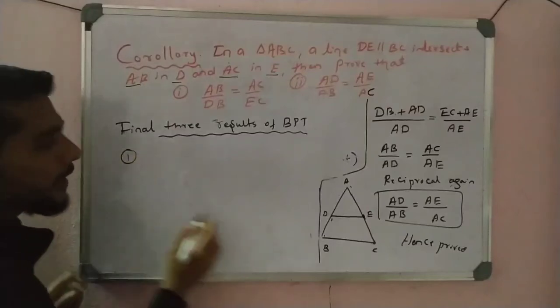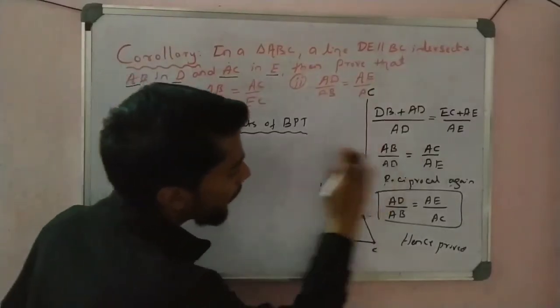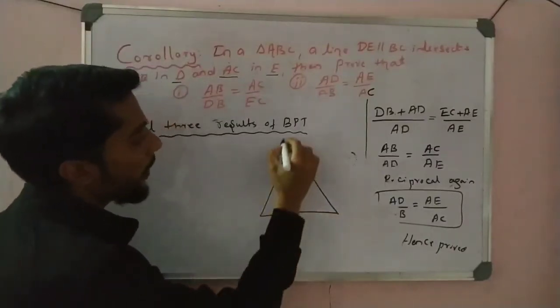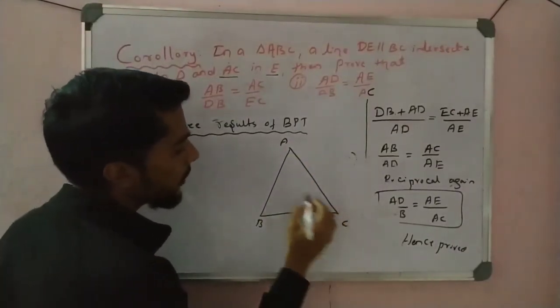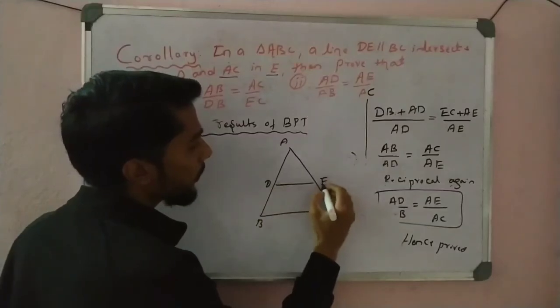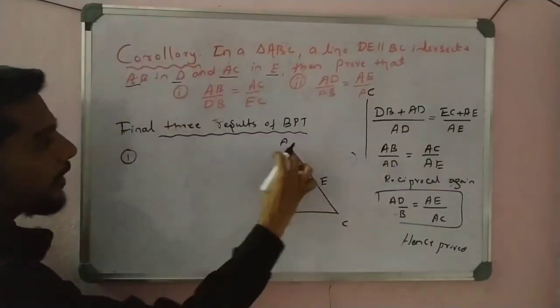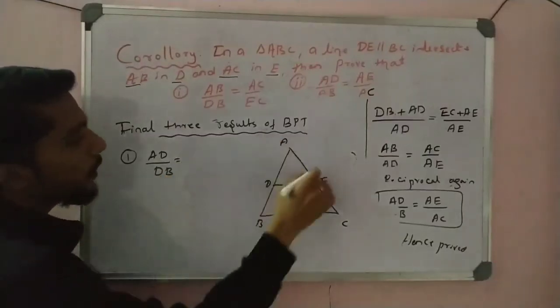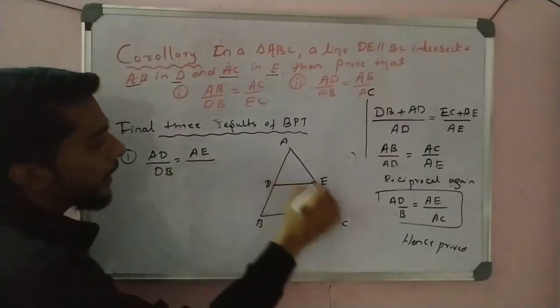Itself the BPT theorem. I can draw the diagram here neatly. See here, this is the diagram, A, B and C and DE. Now first, AD and DB equal to AE and EC.